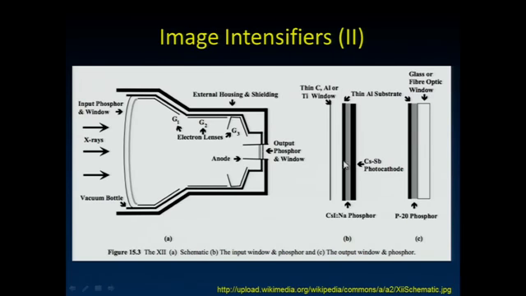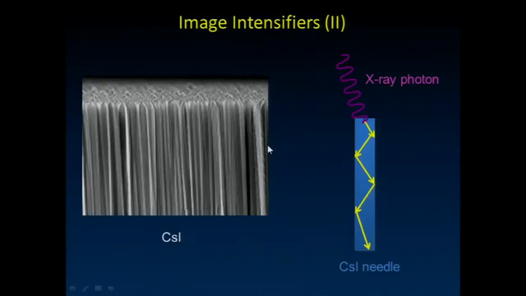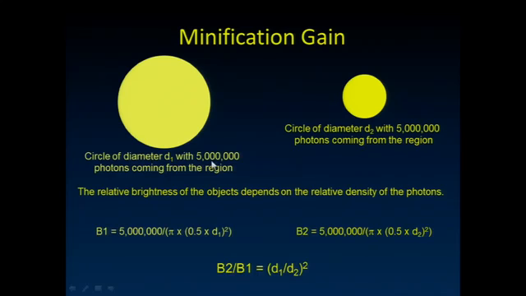Then this system took that visible light of lower energy and converted it to electrons. We then sped those electrons up and they struck this output phosphor, where that process was reversed. And we had a camera system taking a picture of what was going on there and displaying it to us. Those image intensifiers, by the way, were made with cesium iodide once again, for some of the reasons that we talked about.